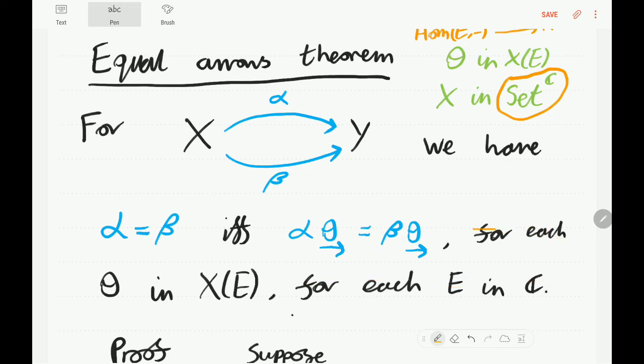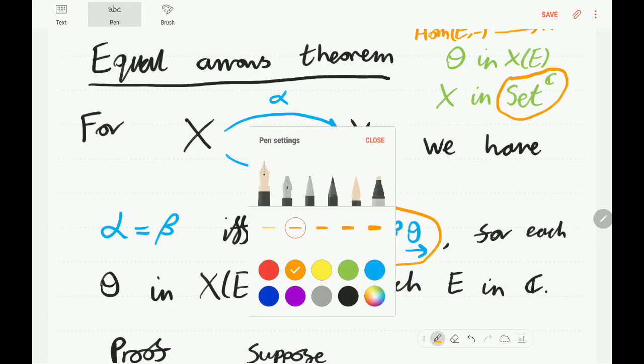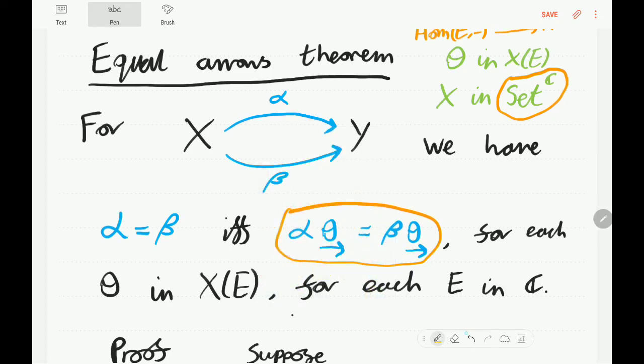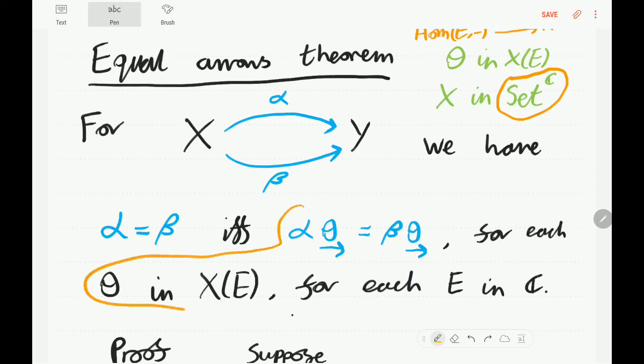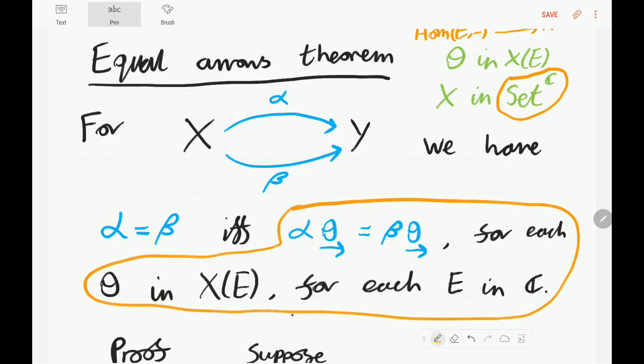Or we could equivalently say, if this equation holds for every arrow theta under arrow from Hom e comma blank to x for every object e. Okay, so this basically just gives us a nice arrow-centric way of testing when two arrows alpha and beta from x to y are actually going to be equal.